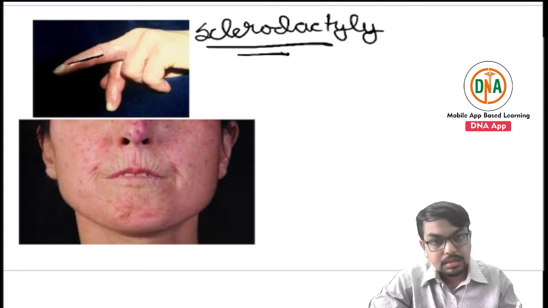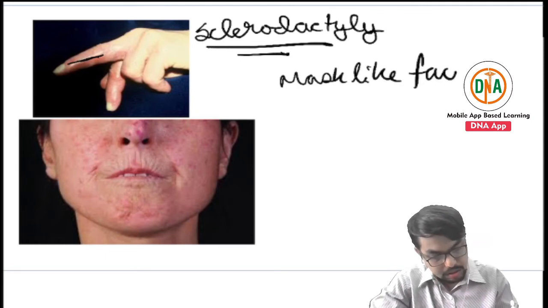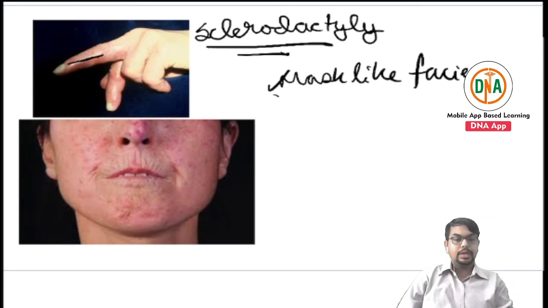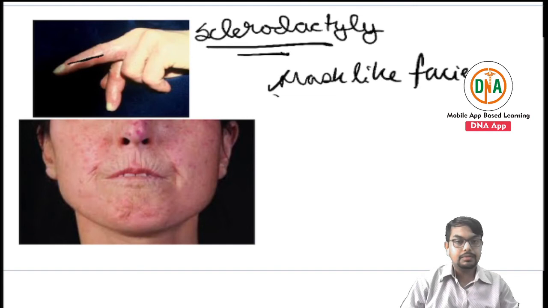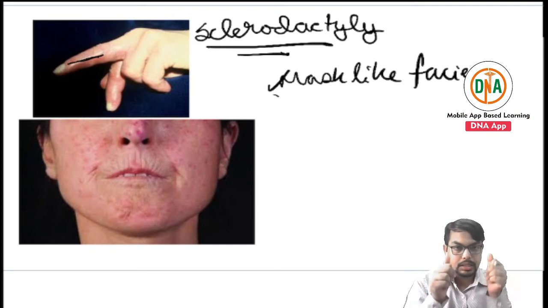The face is typical for systemic sclerosis. We call it mask-like face. Whenever we do the general survey at the very beginning, we look for pallor, and as we pull down the lower eyelid, we can feel the stiffness of the facial skin.